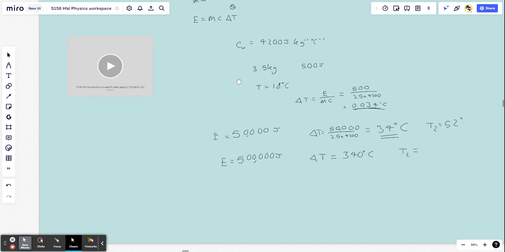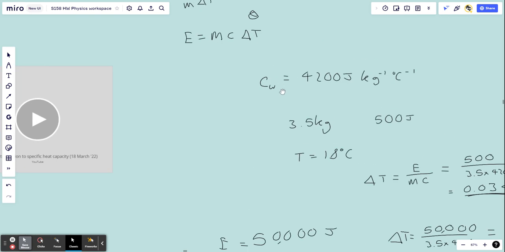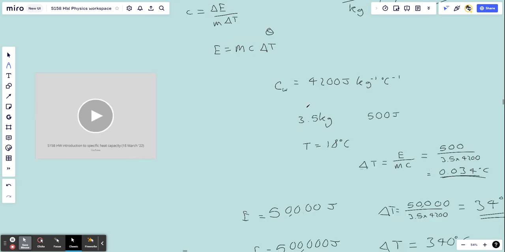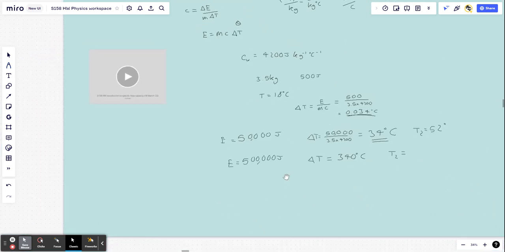You may not realize this because I haven't fully explained it, but when I said the specific heat capacity of water, I don't mean H2O, I mean the actual liquid form of H2O. And of course, once you get it up to 100 degrees C, or past that, it's not water anymore, is it? It's steam.